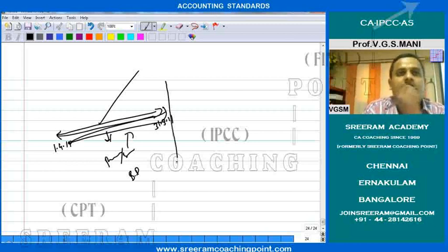What is the title we are studying? Any events occurring after balance sheet date. The balance sheet as on 31/3/11 is the heading we will prepare. But at 6 o'clock in the evening, will we close all our operations and prepare the balance sheet as on 31/3/11?